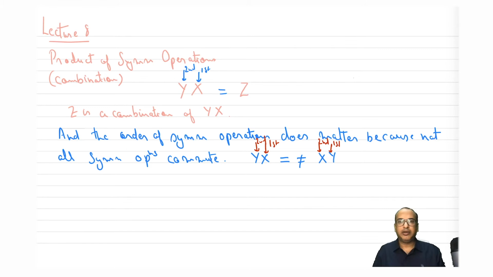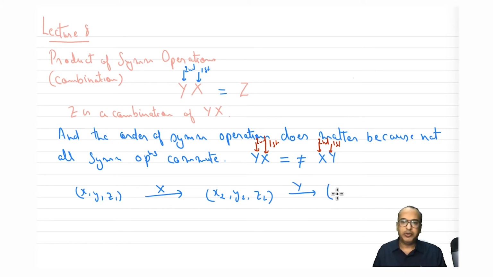So let's say x1, y1, z1 is the coordinate of a given point in a coordinate system, and by operating with x we take it to x2, y2, z2, and again by operating with y we take it to x3, y3, z3.